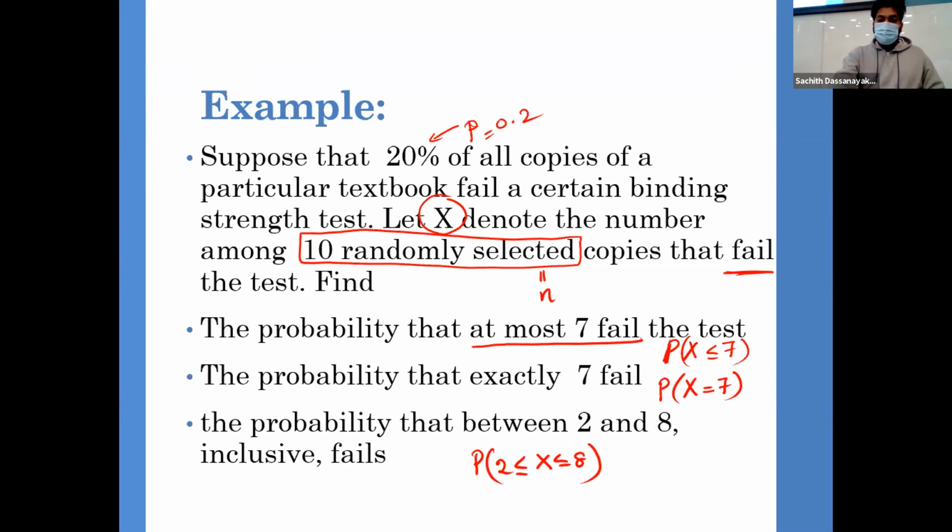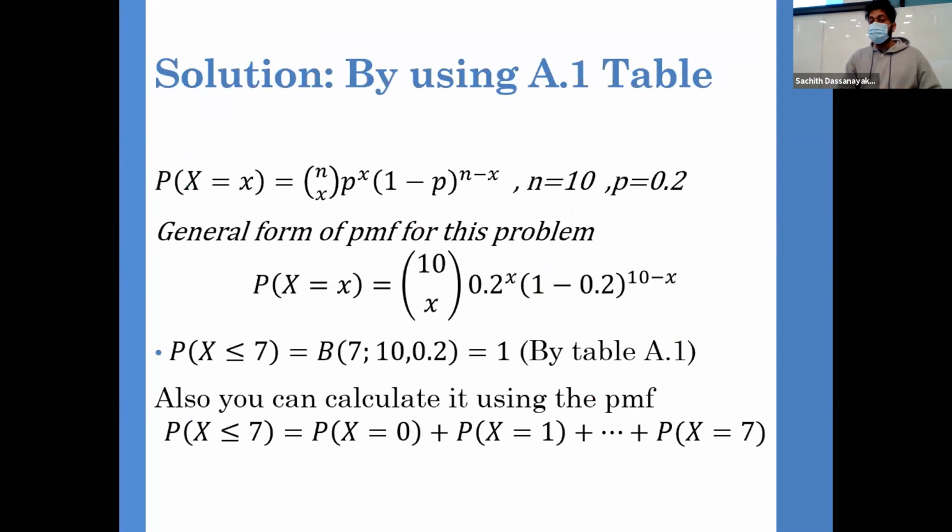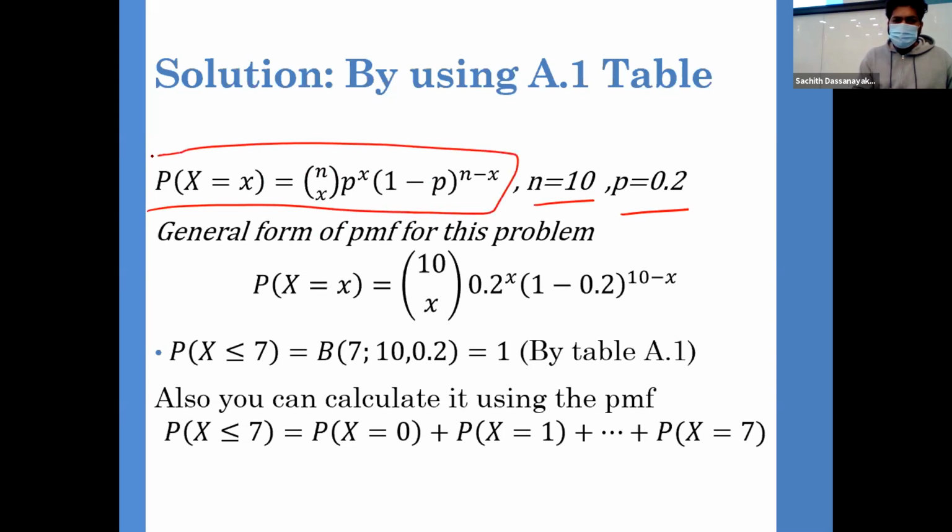Okay, so let's check this. n is 10, p is 0.2. This is your binomial PMF. First one, x less than or equal to 7, right?